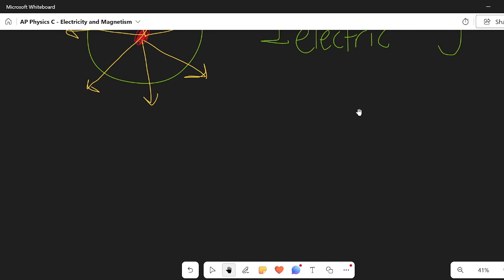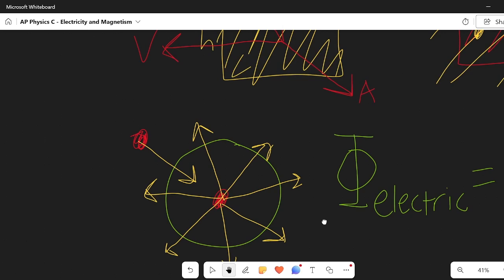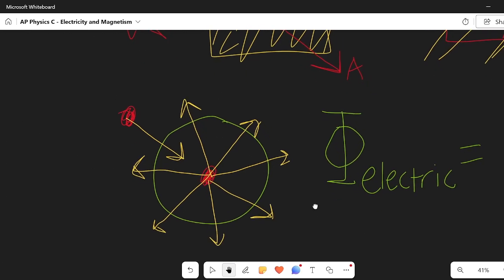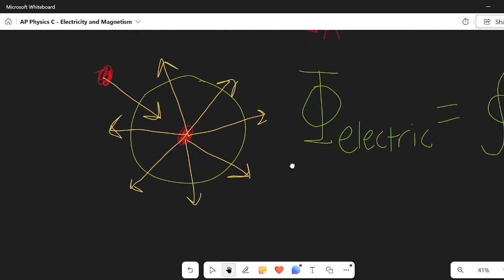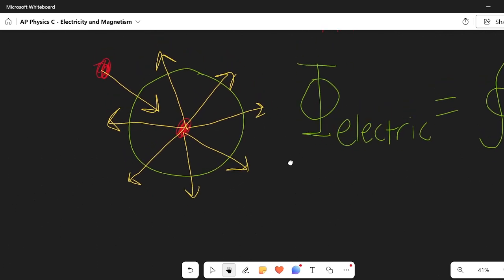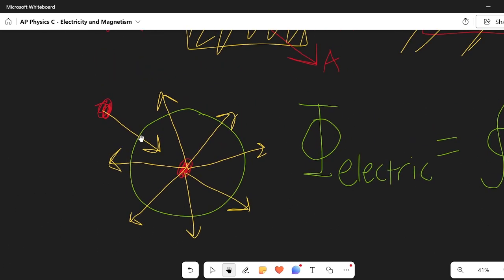So let's actually think about what Gauss's law would be. Or let's actually get a little more context on the electric flux before we move into Gauss's law. Essentially, if we go back to this example here, remember that point charges always produce infinite electric field lines.